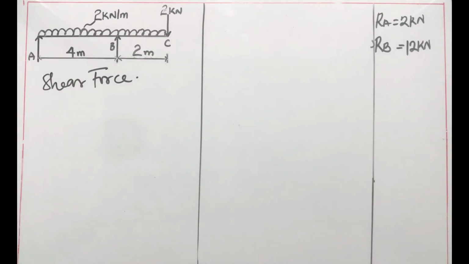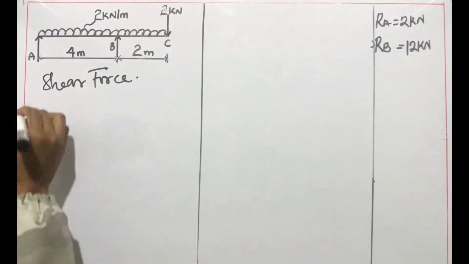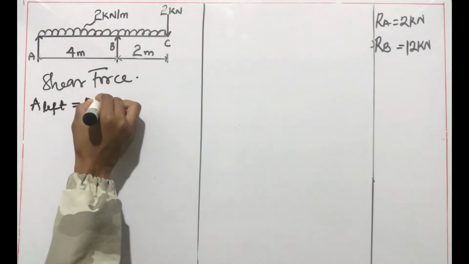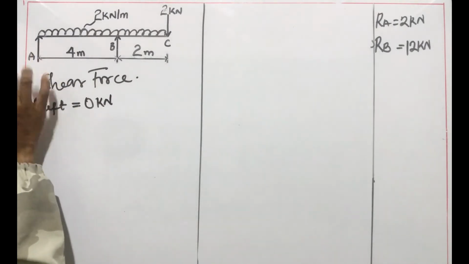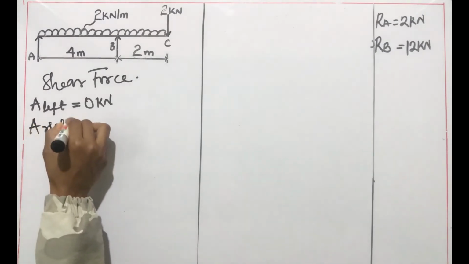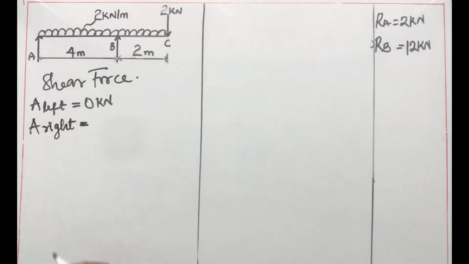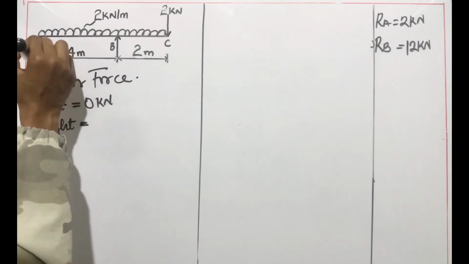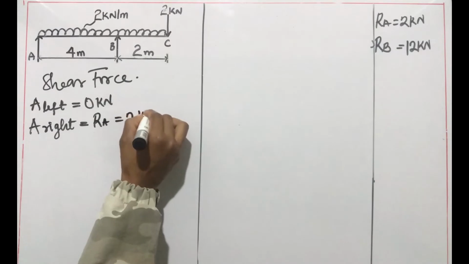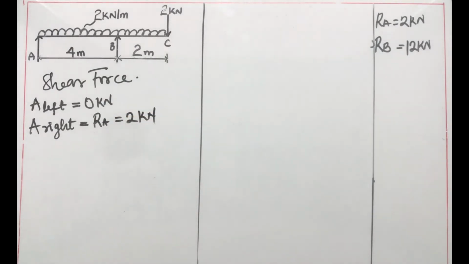So in looking for the shear force, we're going to determine A left, A right, B left, B right, C left, C right. So we're starting with point A. As you can see, there's nothing at A left, so we have it as 0 kilonewton. A right is equal to the shear force at A, which is equal to RA, which is equal to 2 kilonewton.